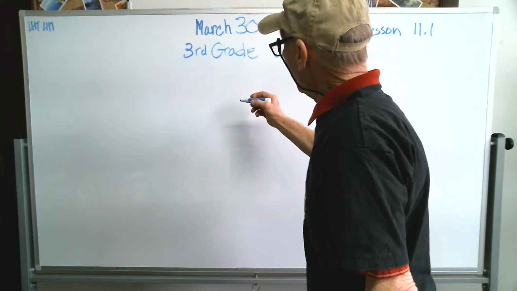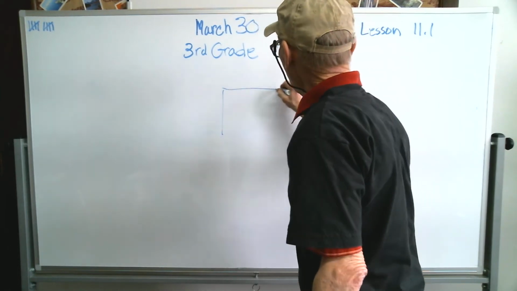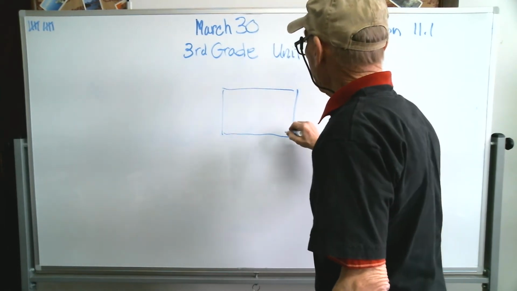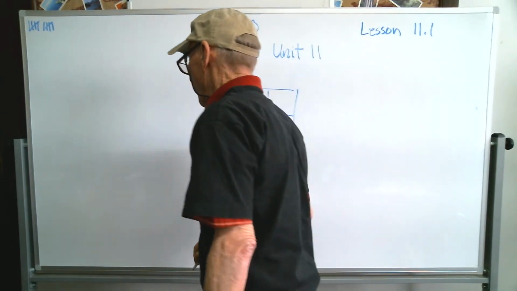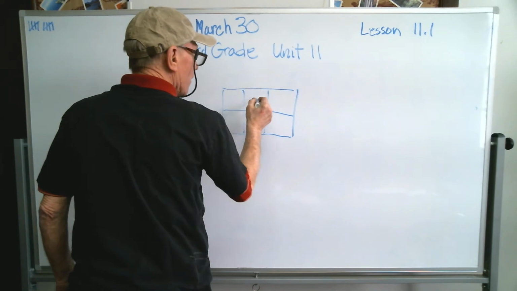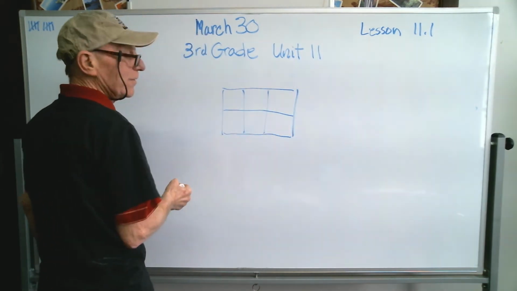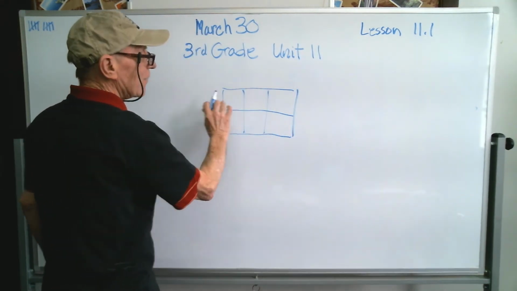We're going to learn how to calculate area, but area basically is the number of square units it takes to cover the surface.